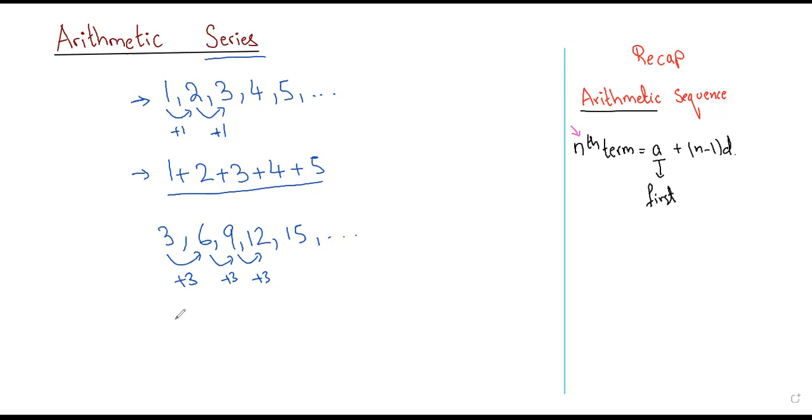The series would be 3 plus 6 plus 9 plus 12 plus 15. I'm writing down all the terms, and instead of the comma, I'm using a plus sign. So we call them the series, okay? So these are two arithmetic series for this and this arithmetic progression or sequence. That is just a simple concept.